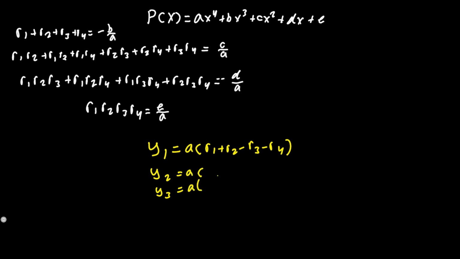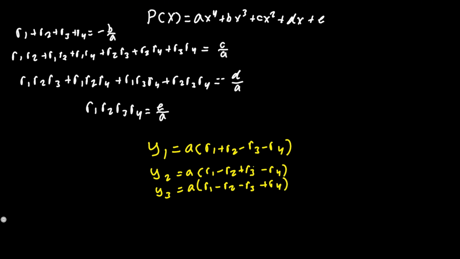And then we will use some sign changes, which will be minus r2 plus r3 minus r4, and then finally r1 minus r2 minus r3 plus r4.